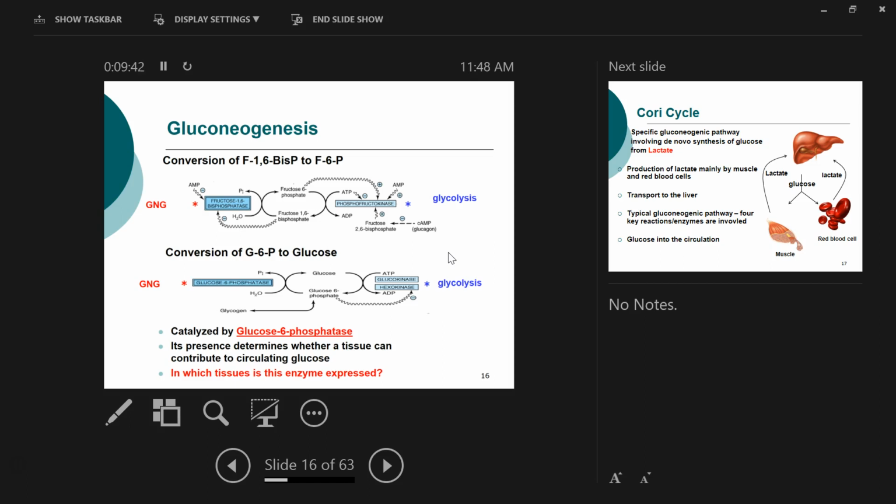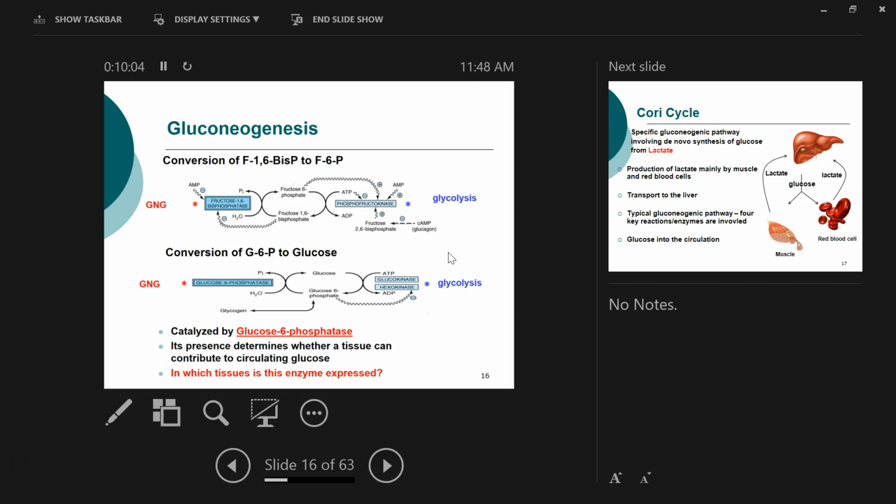So these two sets of enzymes are oppositely regulated by hormones, for example, insulin. Insulin basically increases glycolysis and decreases gluconeogenesis.